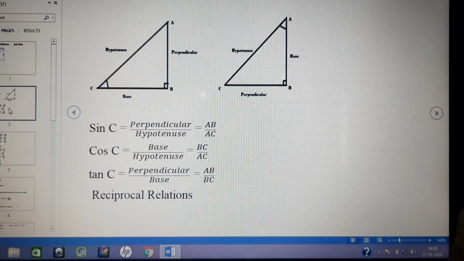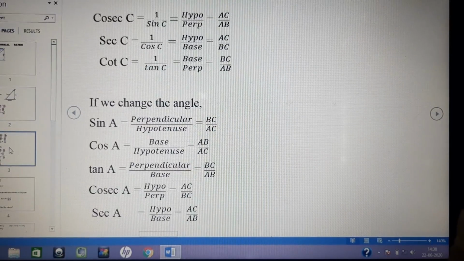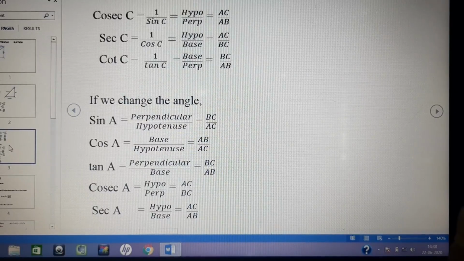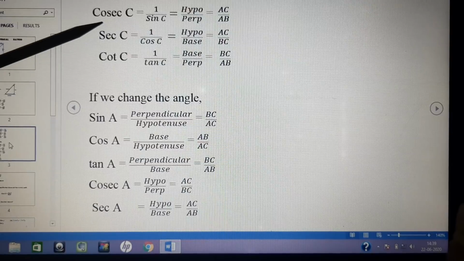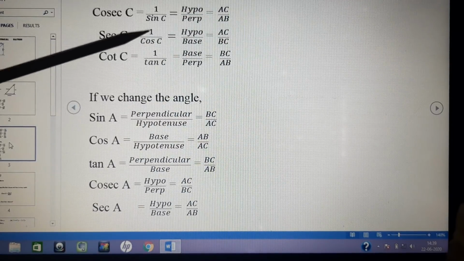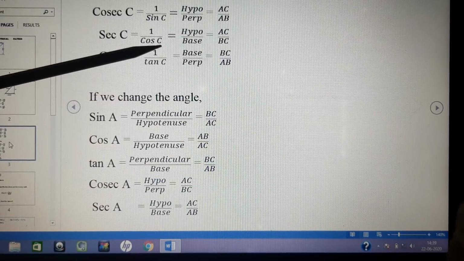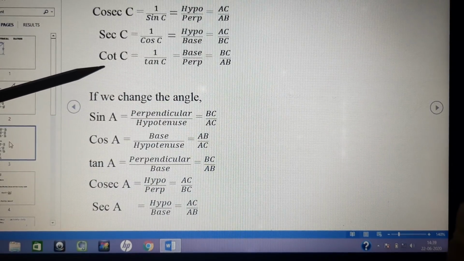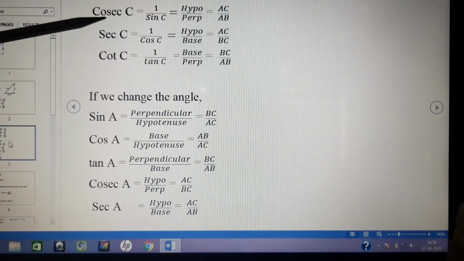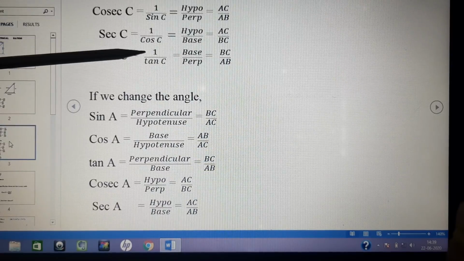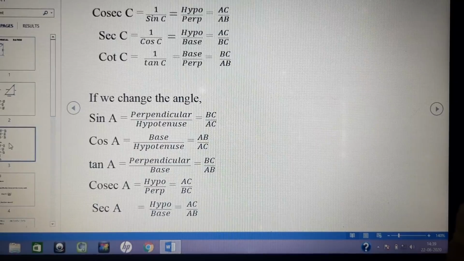We have some reciprocal relations. So 1 upon sin C is known as cosec C. 1 upon cos C is known as sec C. 1 upon tan C is known as cot C. Clear? You can take it as 1 upon sin theta is equal to cosec theta, 1 upon cos theta is equal to sec theta, 1 upon tan theta is equal to cot theta.